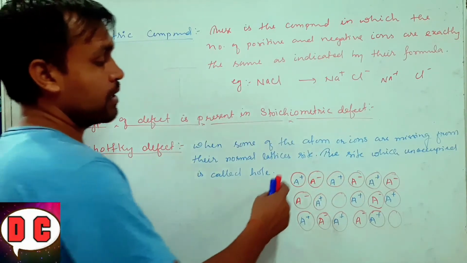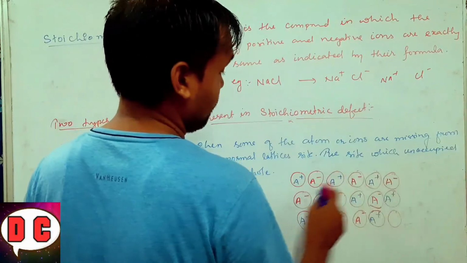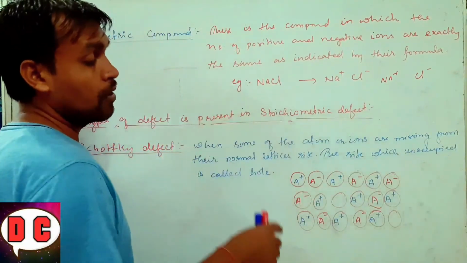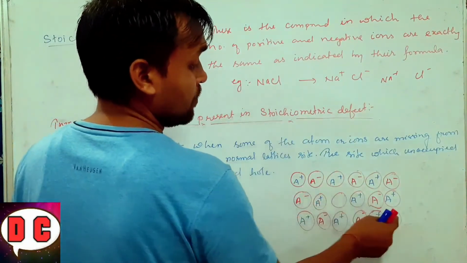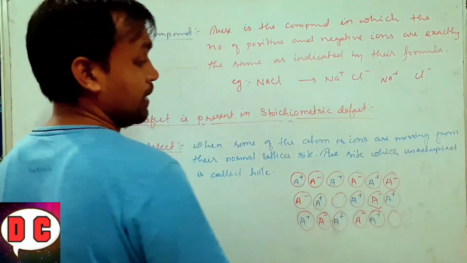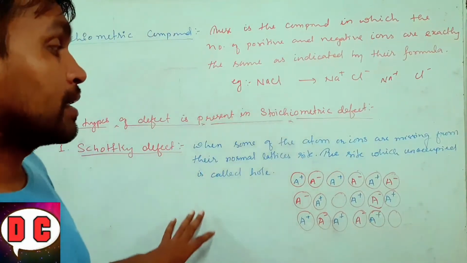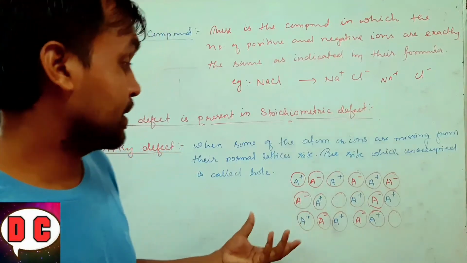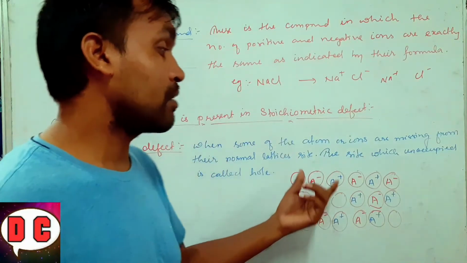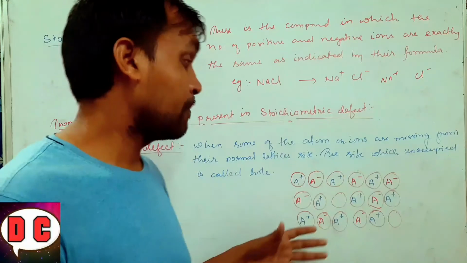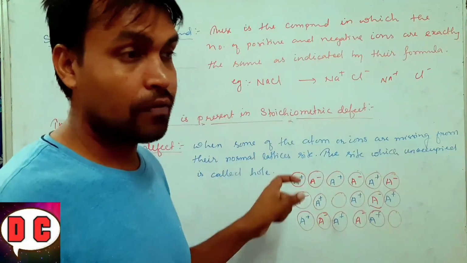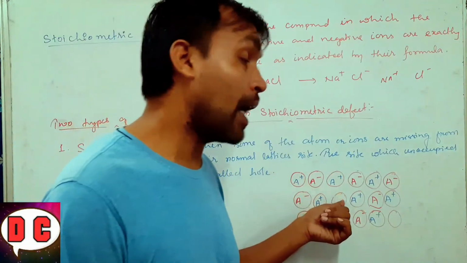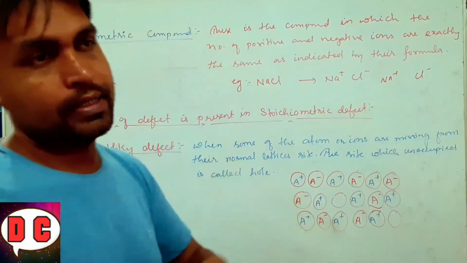So see here, normal lattice site 1, 2, 3, 4, 5, 6, 1, 2, 3, 4, 5, 6. This is the regular arrangement. In this regular arrangement, you see two places are vacant because one ion here and one ion here are missing from their normal lattice sites. So this defect we call Schottky defect. This is also a kind of vacancy, but here the ions are missing from their lattice site, not the atoms.